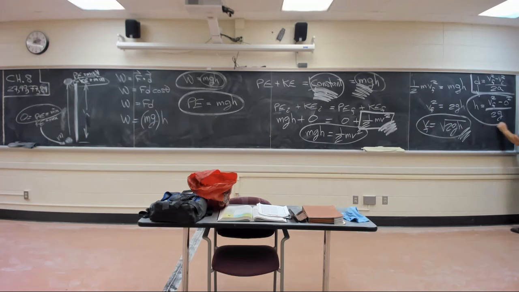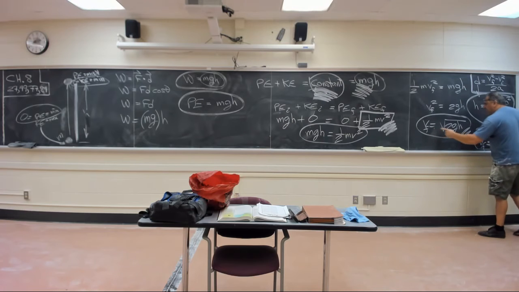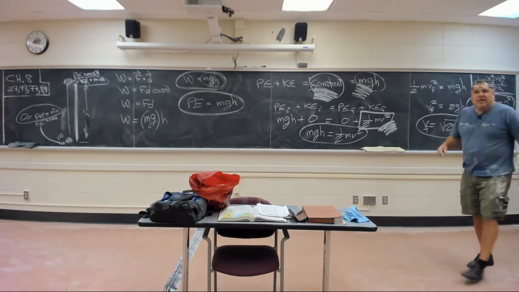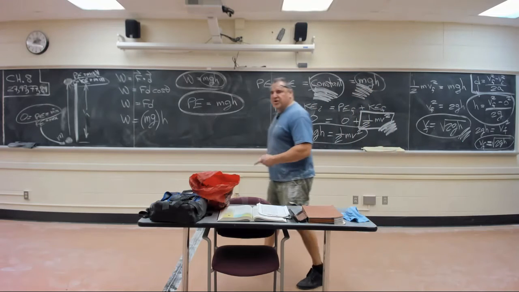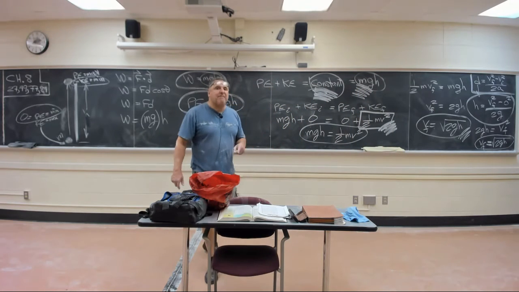I want you to look very carefully. Multiply by 2gh on each side. VF squared minus 0 squared is VF squared. Square root both sides. VF equals the square root of 2gh. It works. Through energy considerations, I was able to derive what VF is equal to.